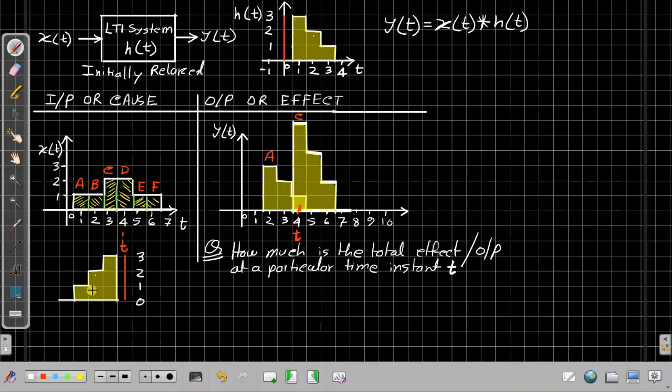Now, to calculate the total effect at this point, I will do it this way.